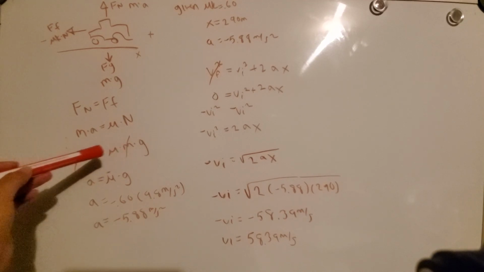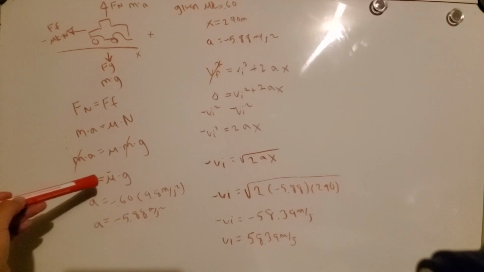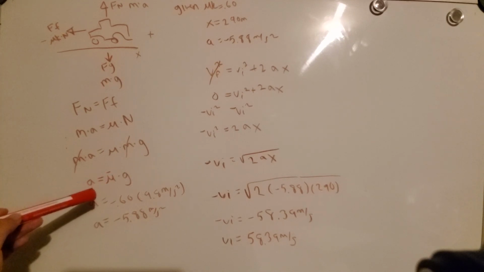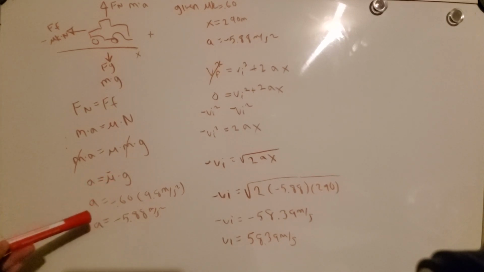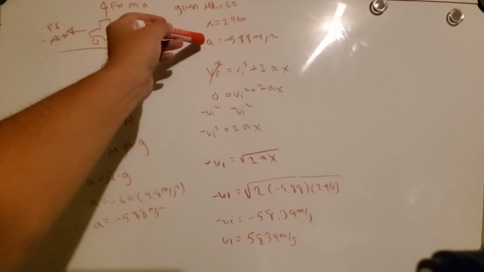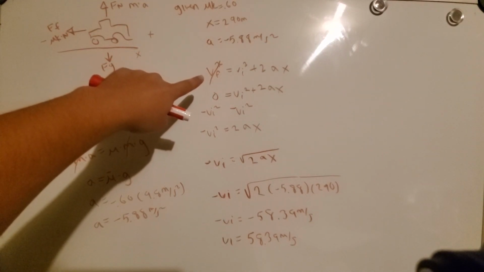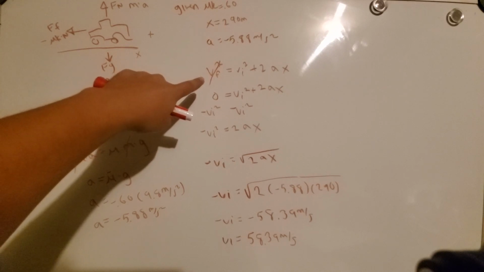We canceled out the m's, and we found our acceleration was equal to coefficient times gravity. We plugged in the values given, and we obtained negative 5.88 meters per second squared.